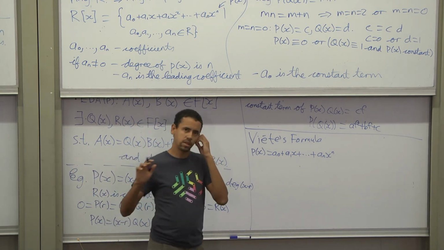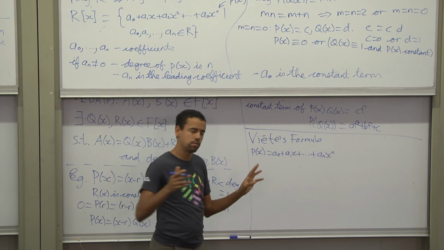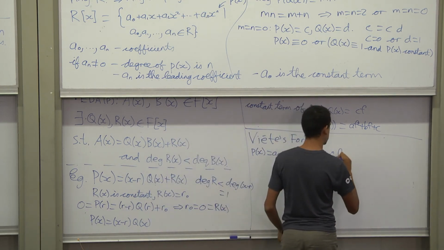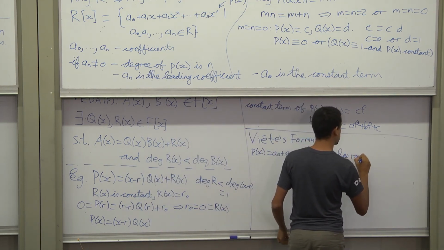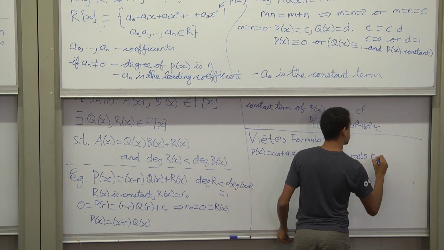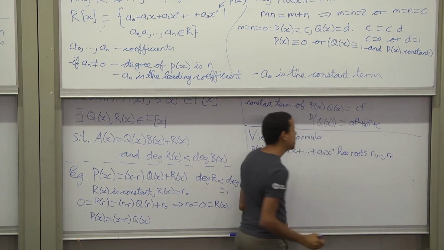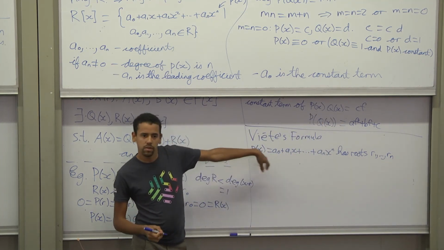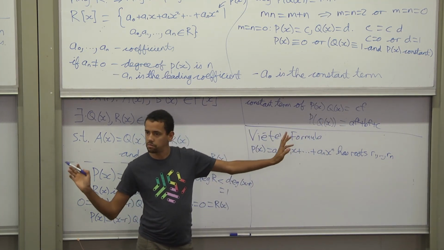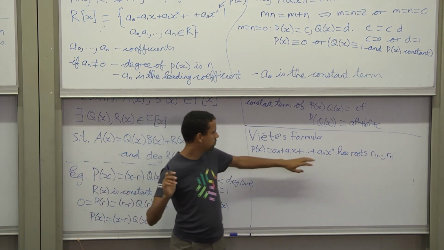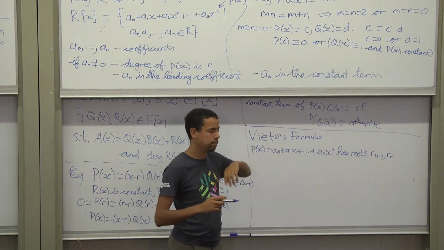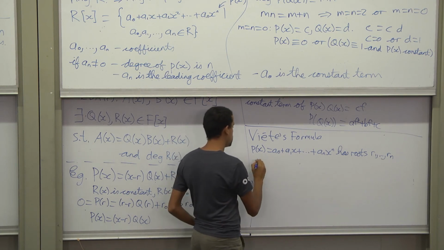In fact, suppose I don't know what the roots are, but I'm going to write down the roots. Like if P has real coefficients, these roots might be complex, but that doesn't matter. I have roots R1 to Rn.